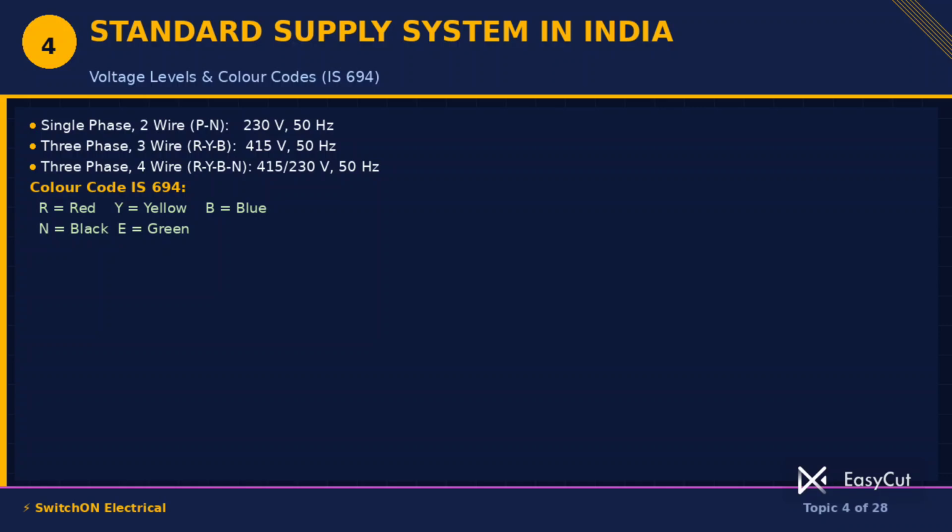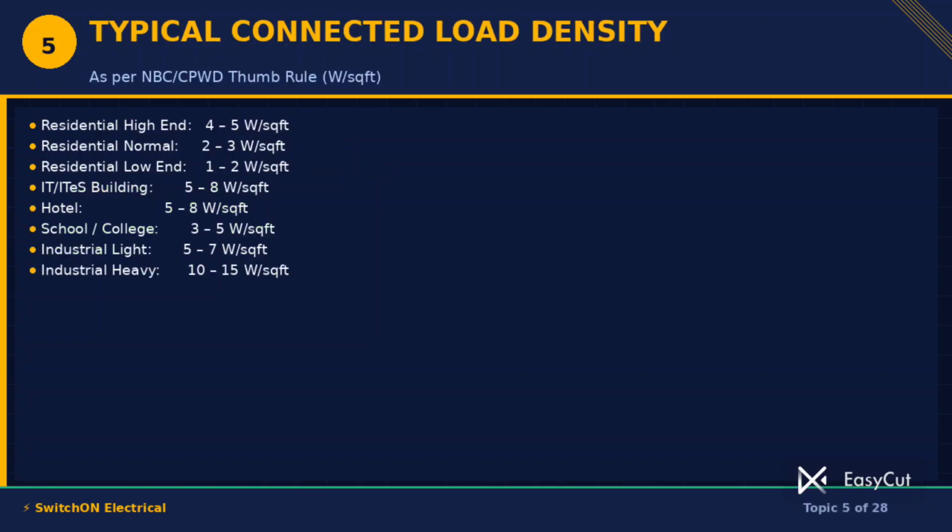Then the next topic is typical connected load density. It will tell you how much wattage you have to consider for a particular type of building or particular type of area. If it is residential high end, we use 4 to 5 watt per square feet.